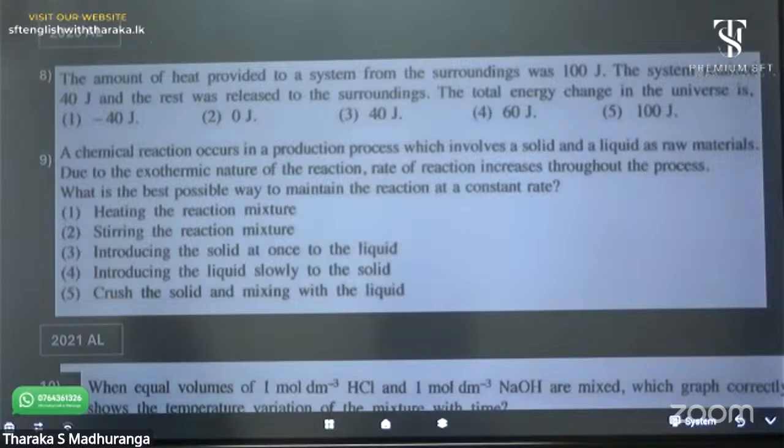That means 60 joule released to the surrounding. The total energy change in the universe? Mariam, what's the answer?